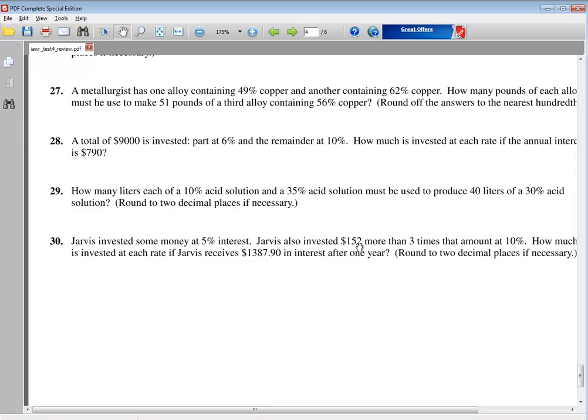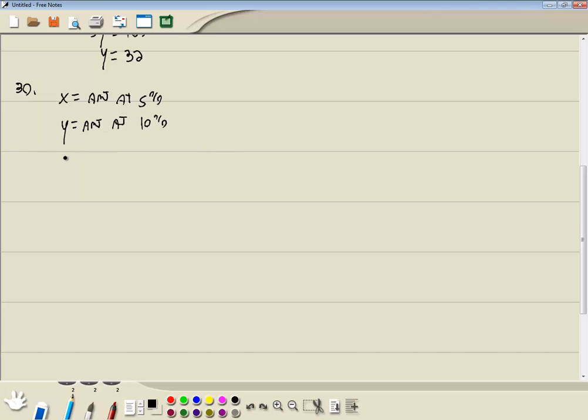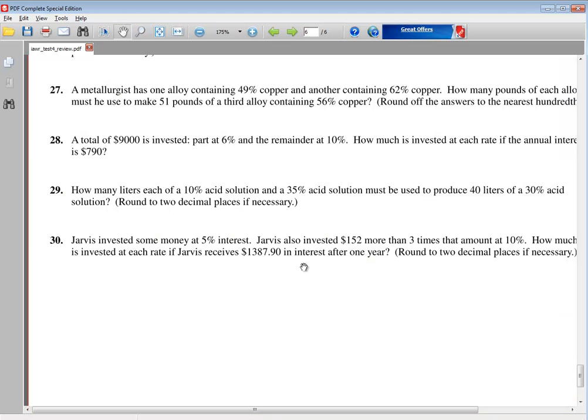Jarvis also invested 152 more than 3 times the amount at 10%. So 3 times the amount at 10%. Let's start with that. So 10% is y, so that'd be 3y.